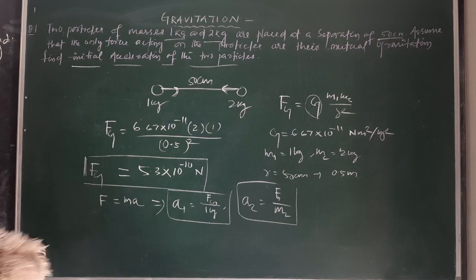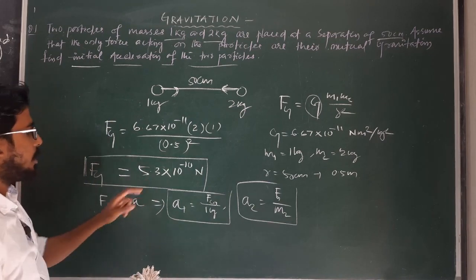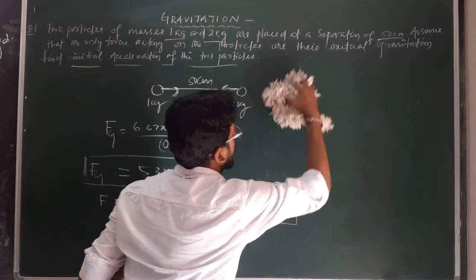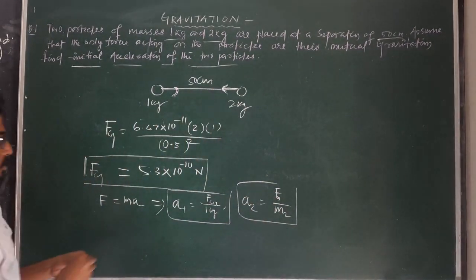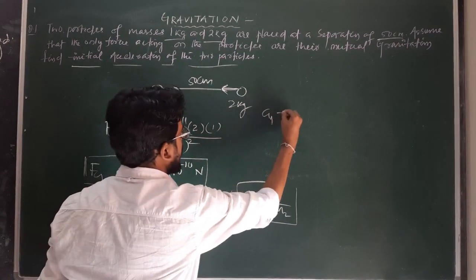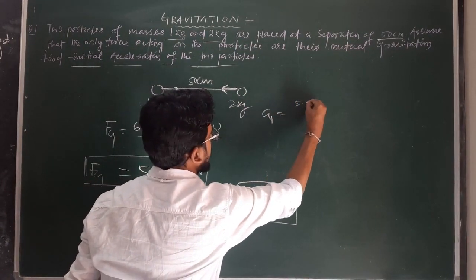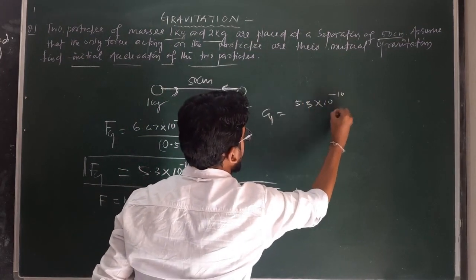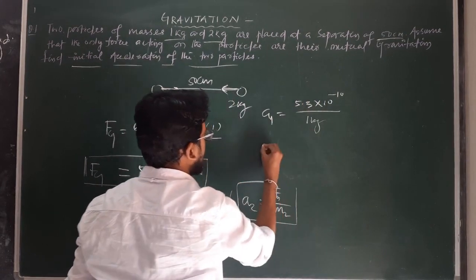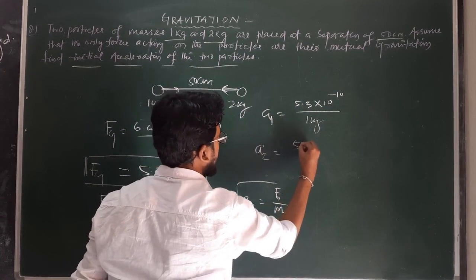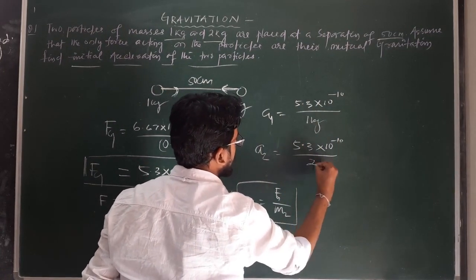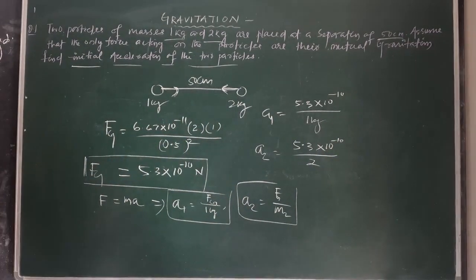By replacing the value of F, that is 5.3 into 10 to the minus 10, we will get the respective accelerations. For a1 it will be 5.3 into 10 to the power minus 10 divided by 1 kg, and for a2 it will be 5.3 into 10 to the minus 10 divided by 2 kg. Clear?